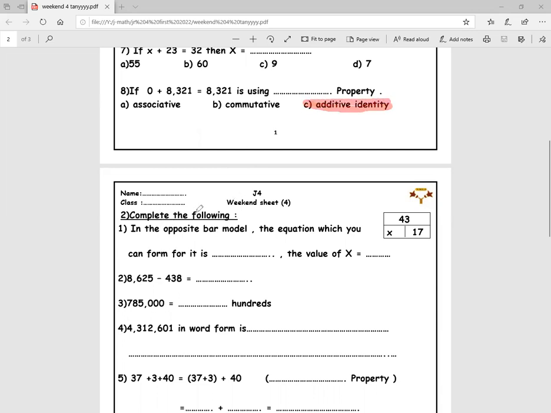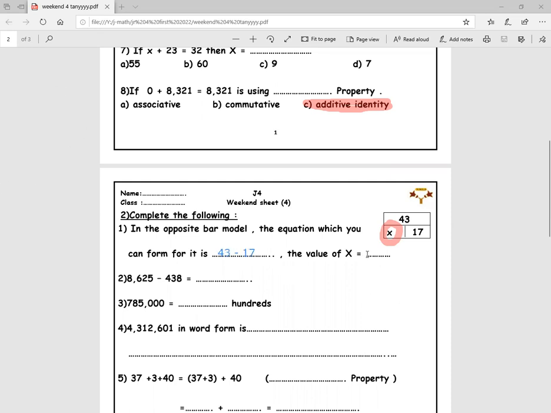Let's continue. In the bar model, which equation can you use to find the value of x? Now x here is a part, right? So the equation is going to be whole minus part to get the other part. So I'm going to say 43 minus 17 equals what?